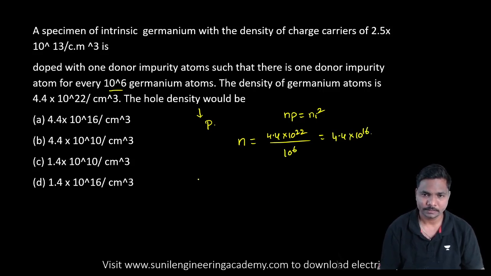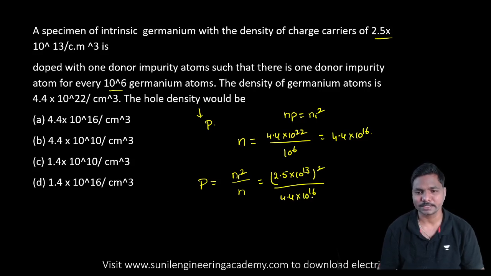So p is equal to ni square by n: ni is the intrinsic concentration, 2.5 into 10 power 13, whole square, divided by 4.4 into 10 power 16. This is 10 power 26, and the 10 power 16 comes to the numerator as minus 16. 26 minus 16 is 10.